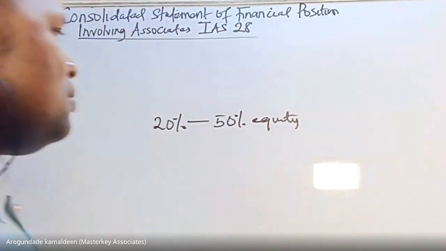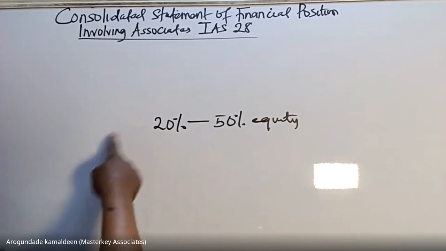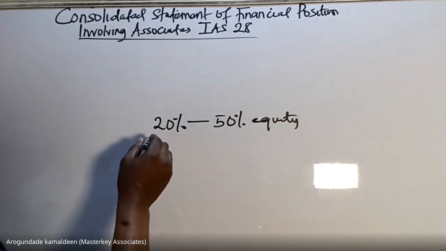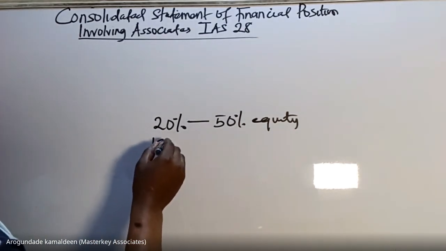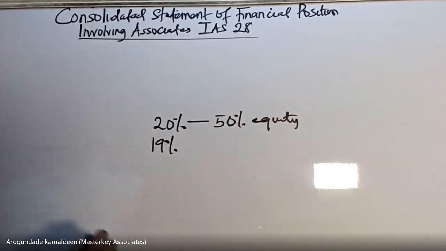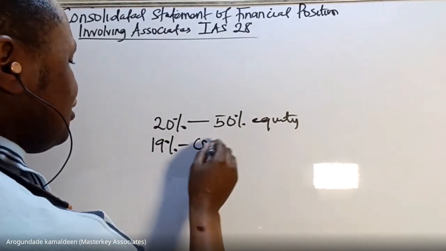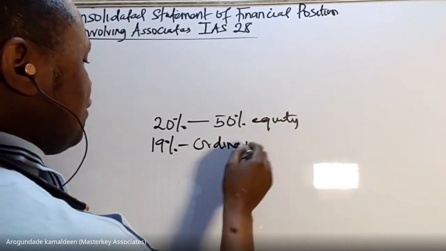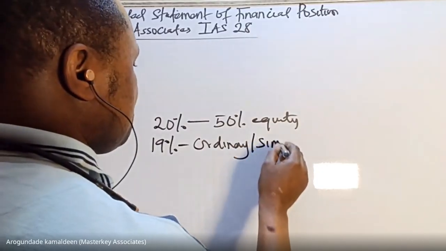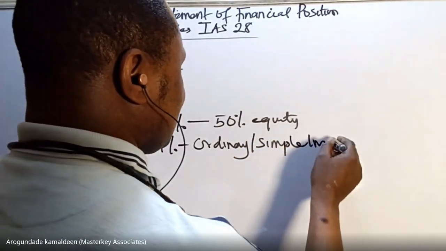It means if you acquire less than 20%, let's say from 19 downward, what you have there is called an ordinary or simple investment. Is that clear?